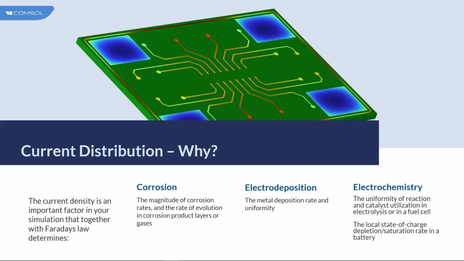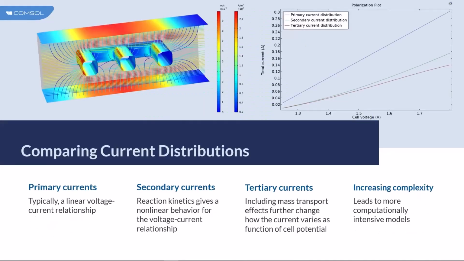For a particular model, when you compare current distribution, a primary currents interface will typically give you a linear voltage-current relationship. For secondary currents, the reaction kinetics gives a nonlinear behavior for the voltage-current relationship. And you can see that in the polarization plot above.